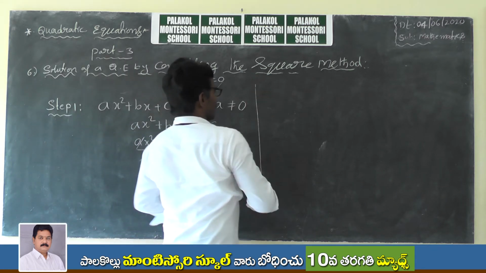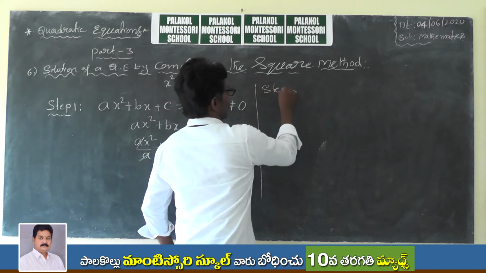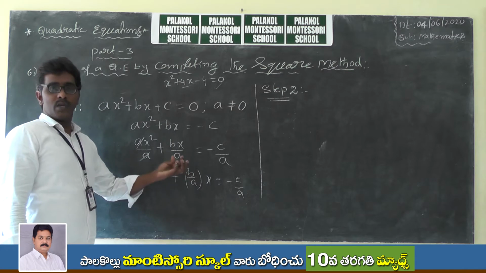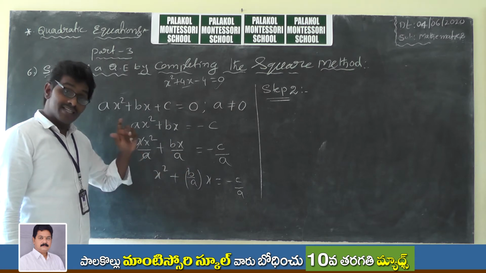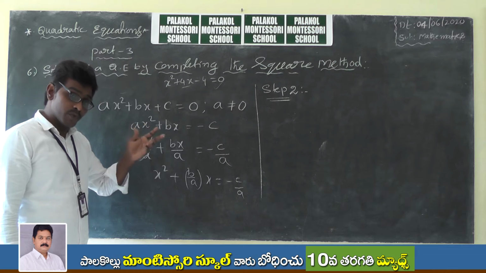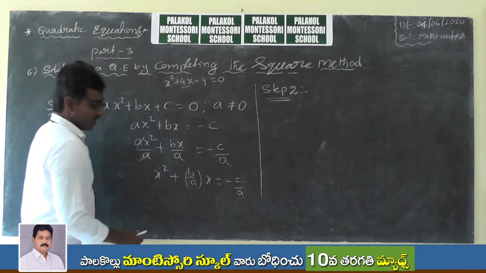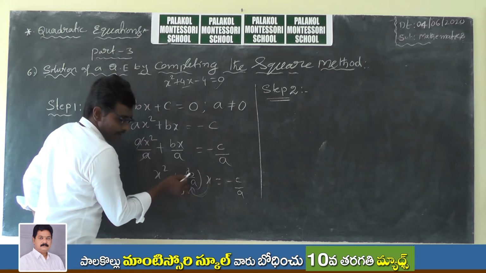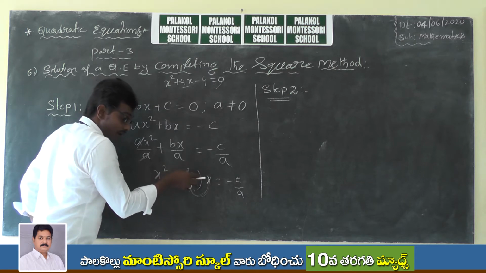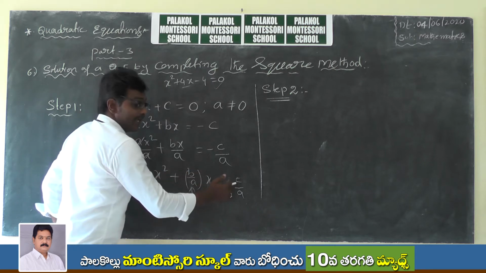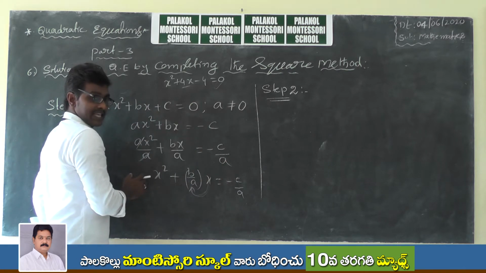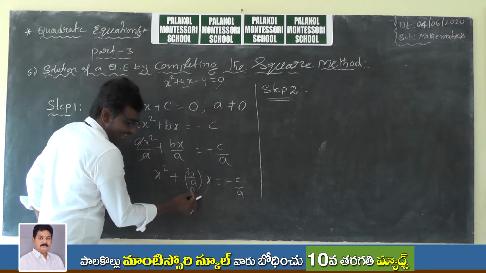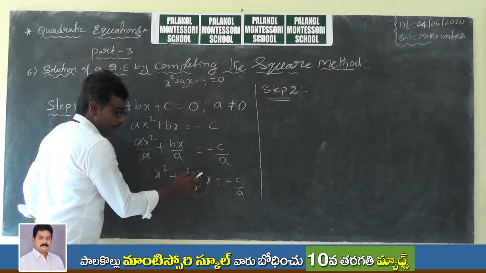Step 2, guys. Now on both sides you add one term. Can you guess that term? See, the coefficient of x is b by a. Take half of that coefficient, square it, and add it on both sides. Once again: first observe the coefficient of x. What is the coefficient here? b by a.